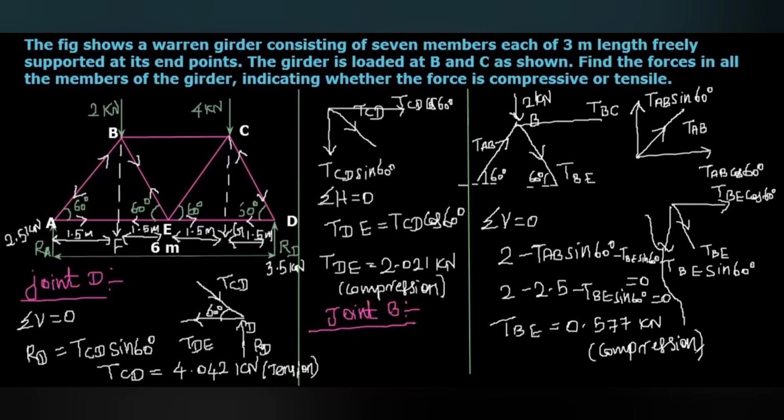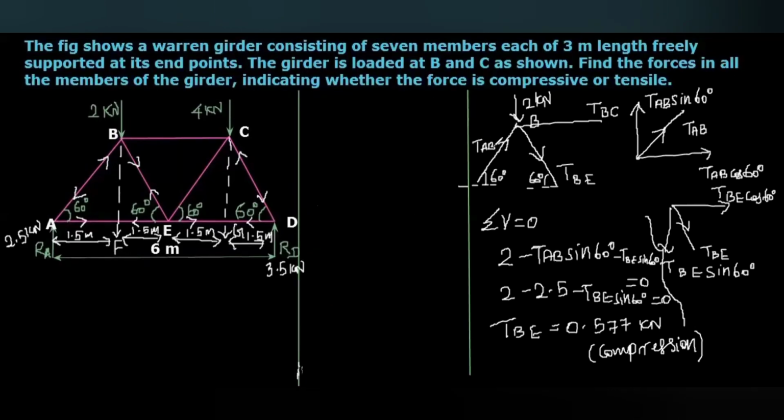Then here now the TBC is one unknown force. Here all the other forces are in known direction. So the TBC direction and magnitude we can calculate. Here the horizontal force TBE cos 60 is acting towards the right side.